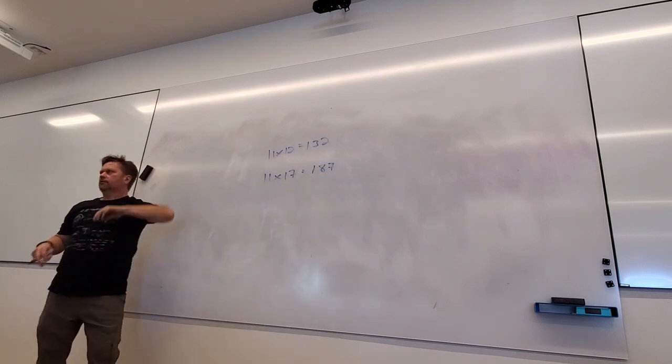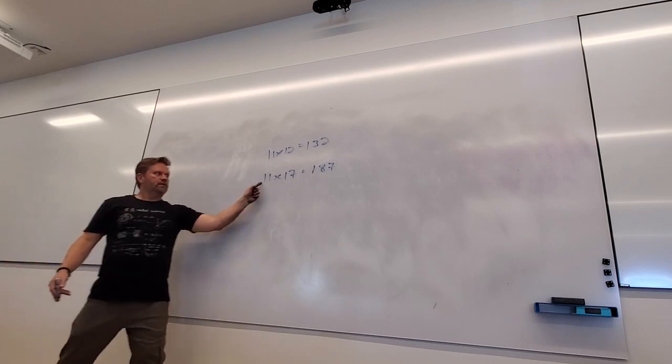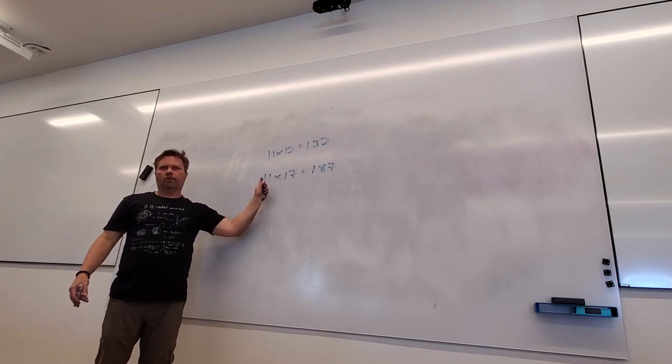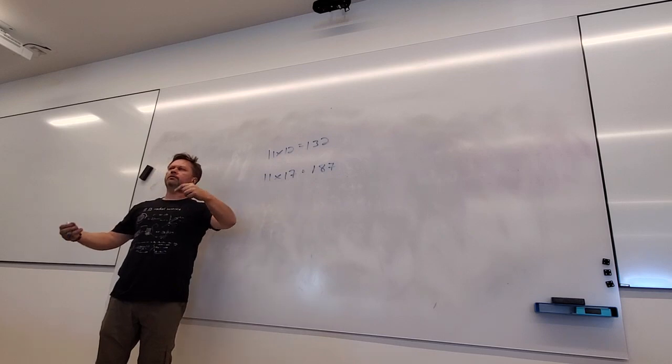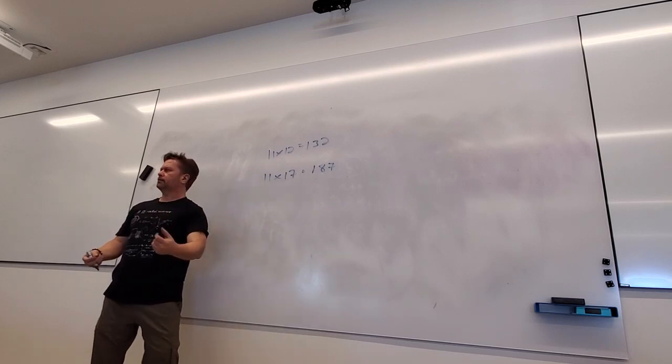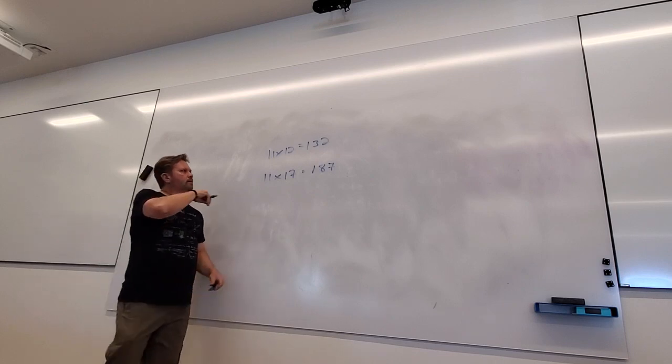So a cool way to multiply by 11 is 10 plus 1. If I do 10 times 17 is 170, plus 1 times 17 is 17, I get 187. It's very similar to the rule for 99, right? The outside numbers equal the inside numbers?